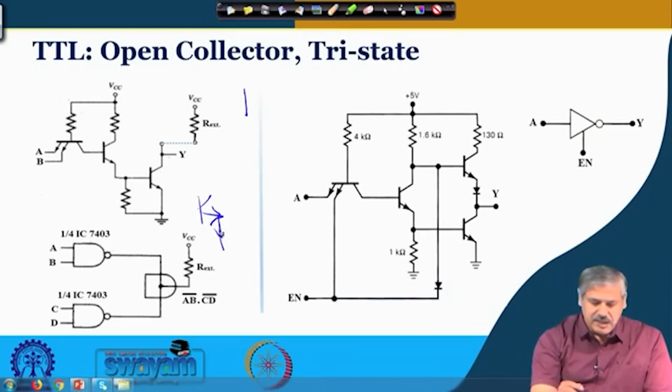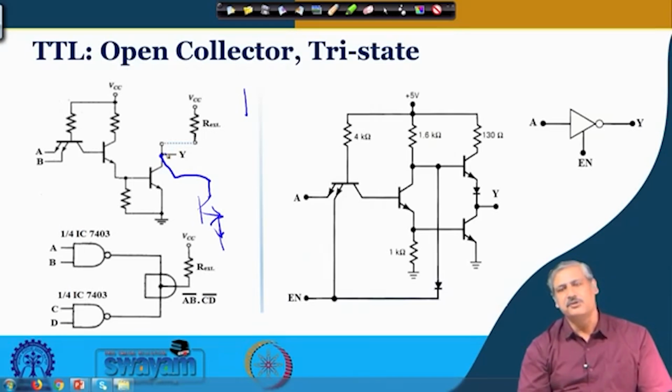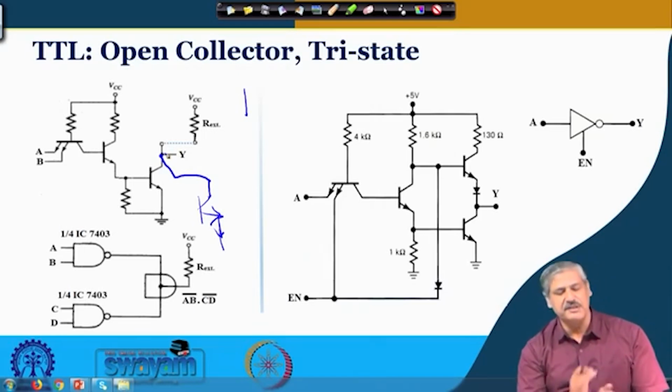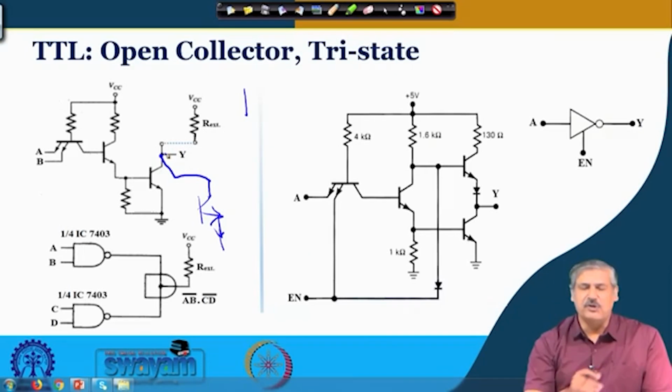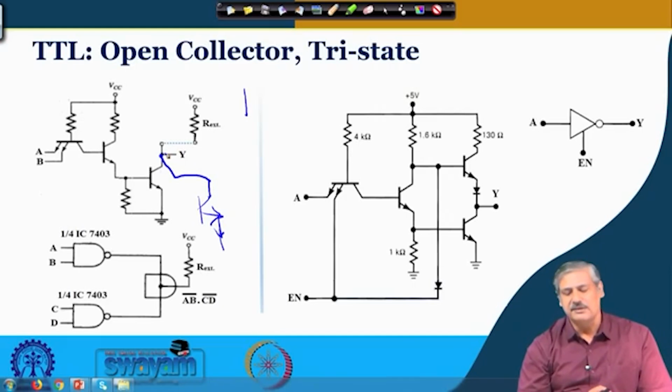You just connect it over here and it gives you a wired AND connection, which is also useful in some cases. So this is one important thing about open collector configuration. There is another use of TTL, the thing that we discussed earlier in terms of tri-state.